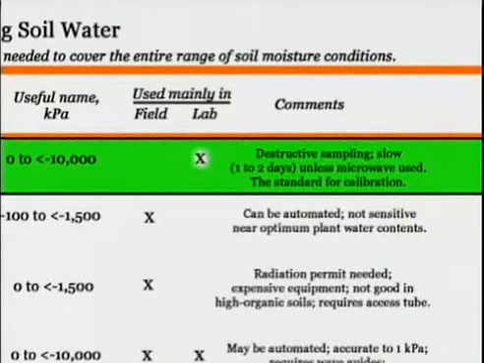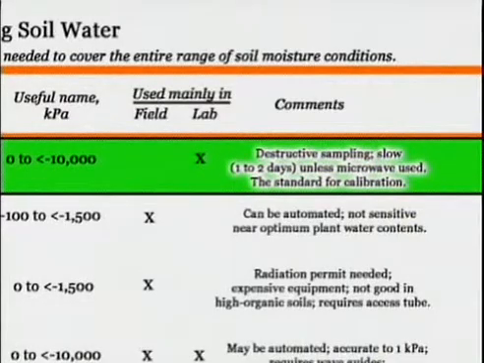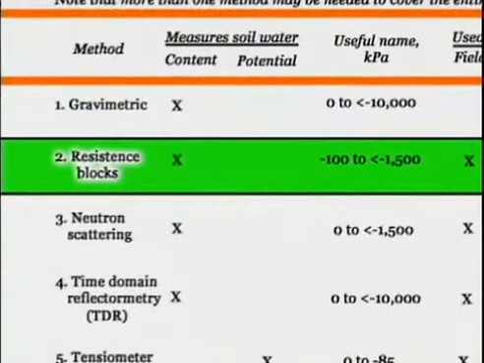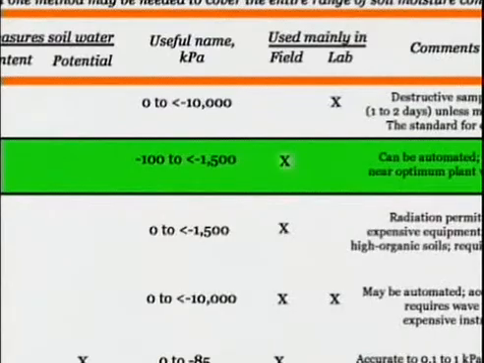Remember, however, that it is pretty much the standard that we use for calibrating the other direct soil moisture monitoring techniques that are listed below this one on this particular graphic or chart. We did not talk specifically about resistance blocks. Resistance blocks are a method of measuring soil moisture content in the field.